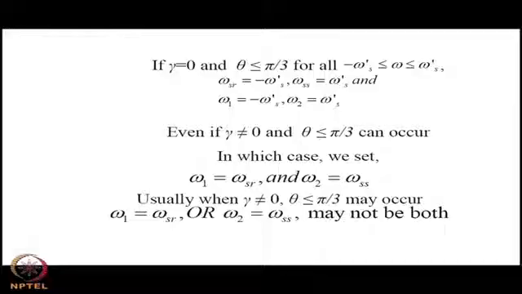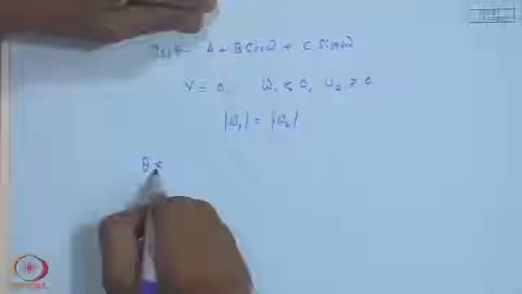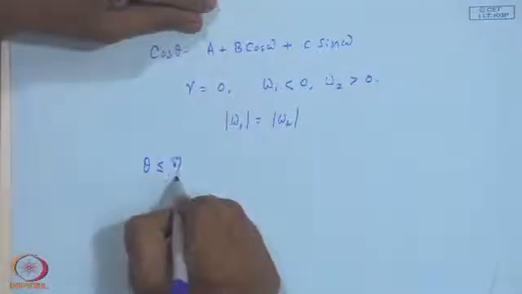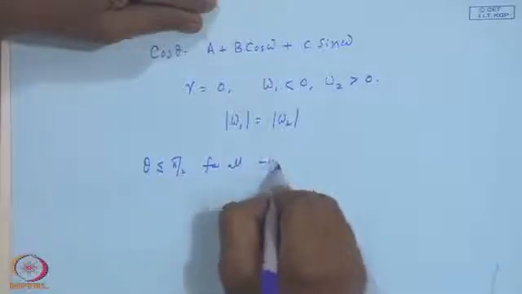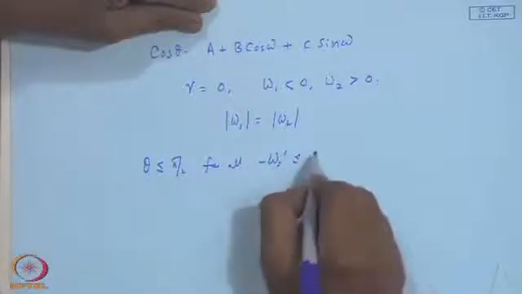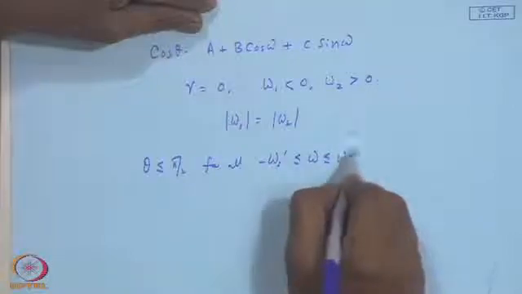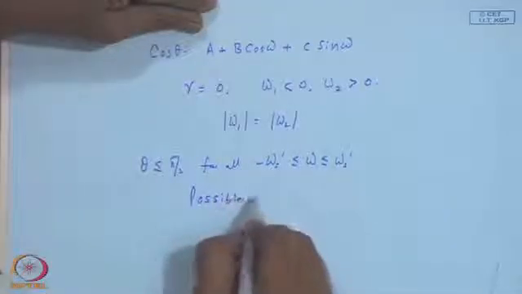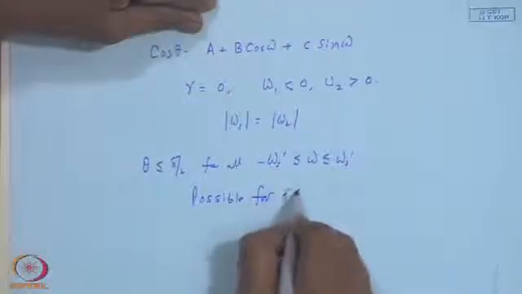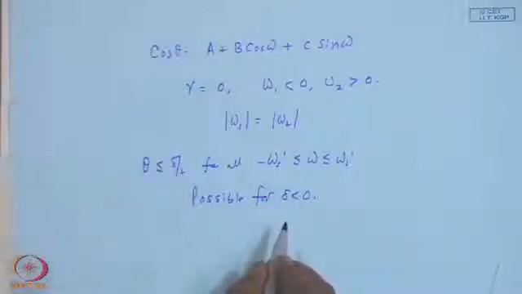Now, in summer months or winter months, we may have gamma equal to 0 and theta less than or equal to pi by 3 for all omega between minus omega s dashed and plus omega s dashed, possible with negative delta.